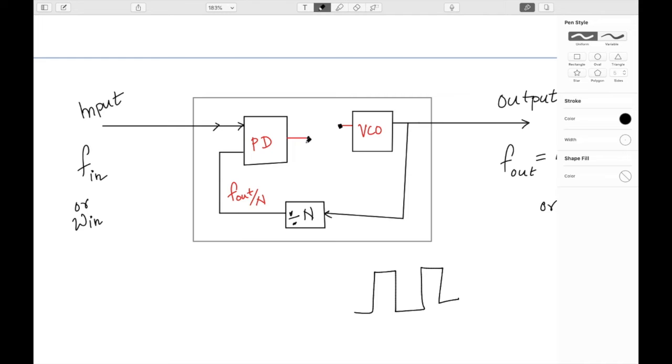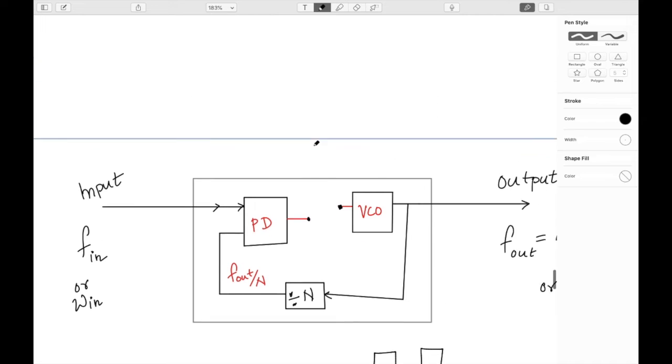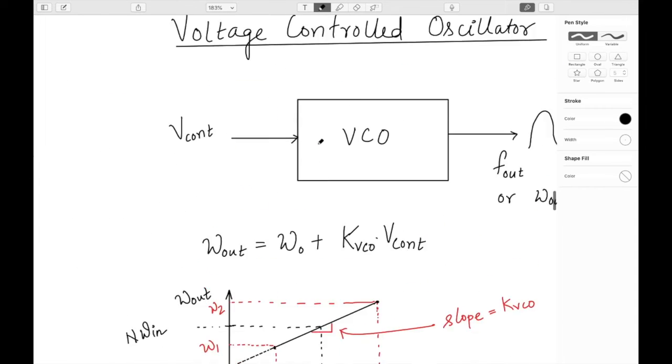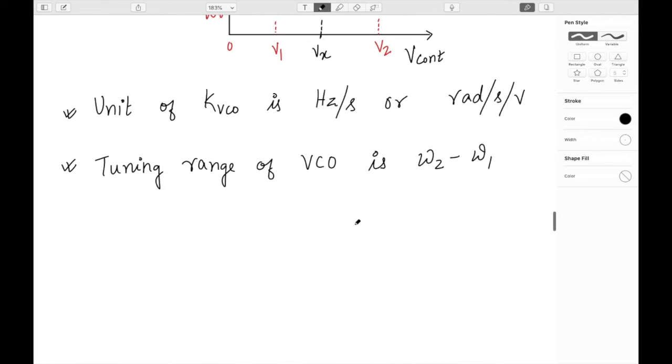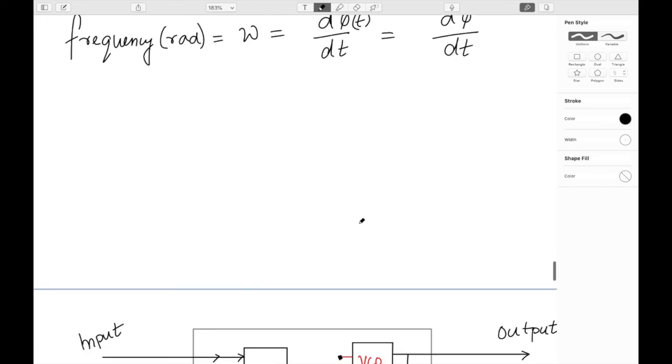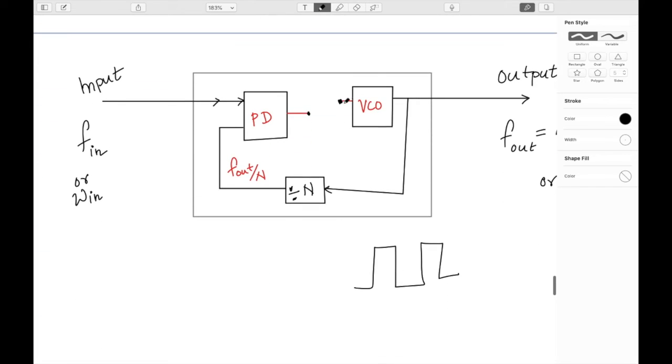So we cannot apply this directly at the VCO, because if I just apply digital bits, the output will keep jumping around and spit out different frequencies. What we need is a very smooth, stable voltage, or we should say the average value of this voltage, fed to the VCO.